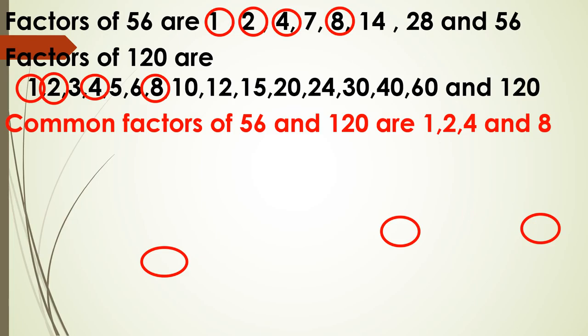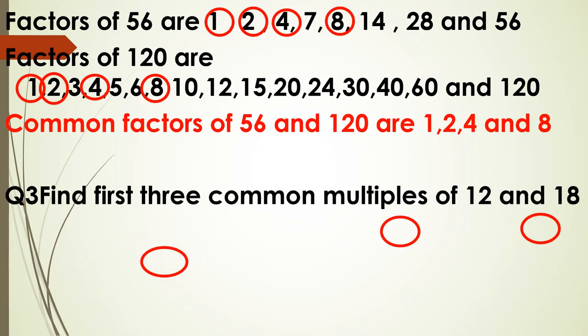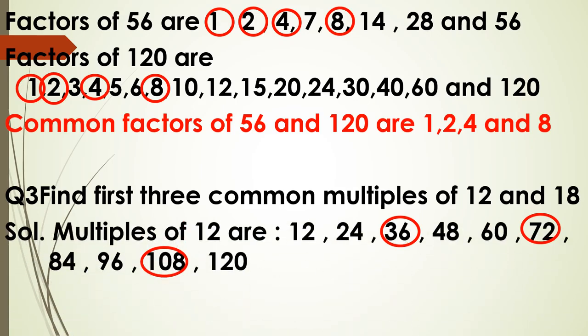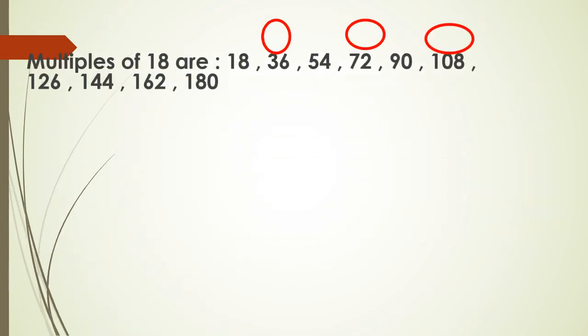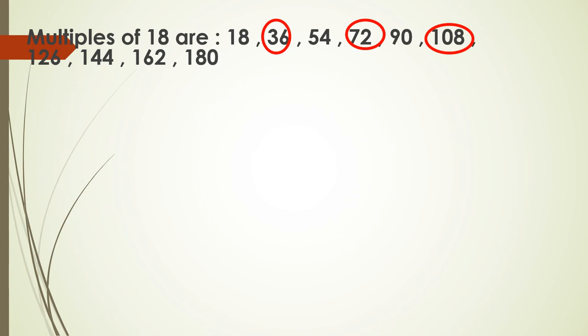Now see question number 3 of this exercise. Find first 3 common multiples of 12 and 18. Only first 3 common multiples. Write down multiples of 12. I have written up to 12 tens are 120. Then write down multiples of 18, up to 10, meaning 18 tens are 180, I have written.